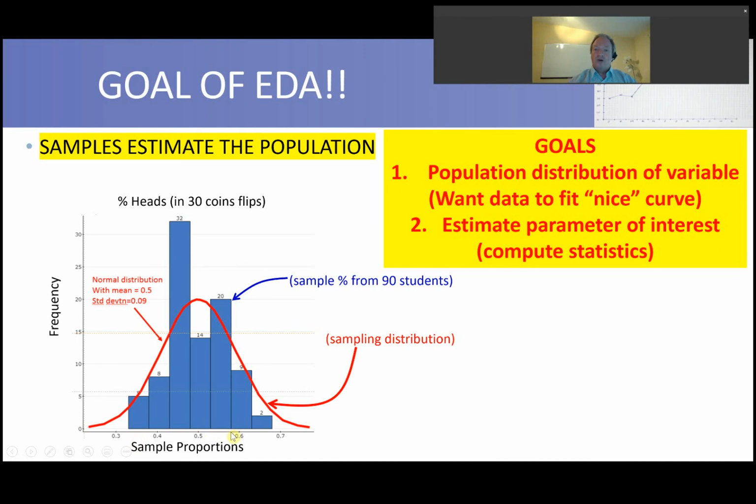That's what we're trying to do with the plot. We're trying to take our sample plot, which is going to be kind of choppy, and fit it to a nice smooth curve, which we think comes from the population. This is one of the goals of exploratory data analysis for a quantitative variable. And we're going to see as we go on in the course how this comes into play and why this is important.